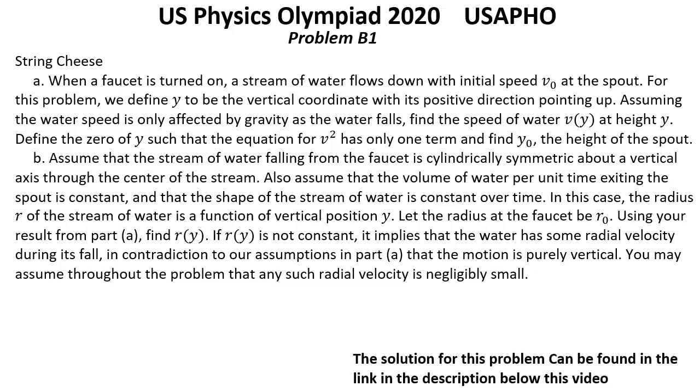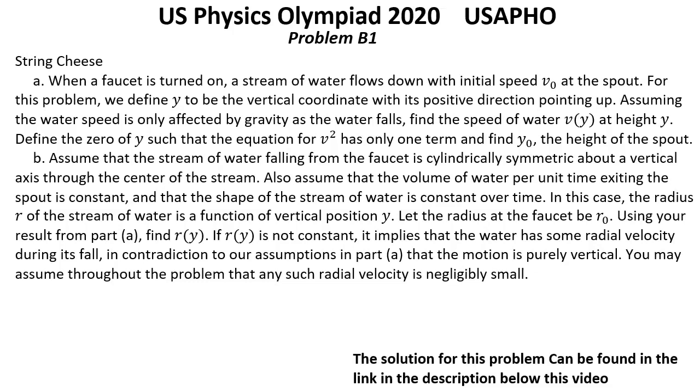In this case, the radius r of the stream of water is a function of vertical position y. Let the radius at the faucet be r0. Using your result from part A, find r(y).